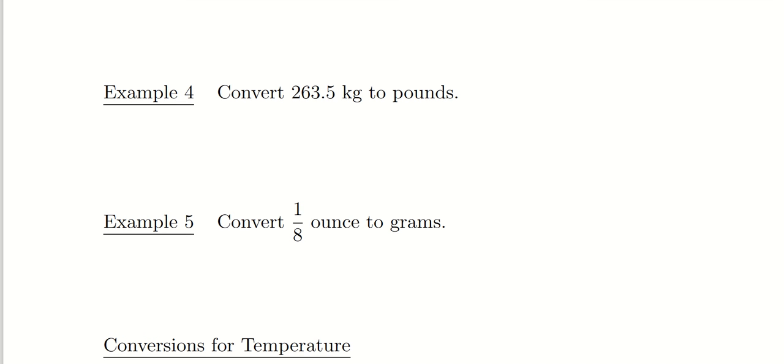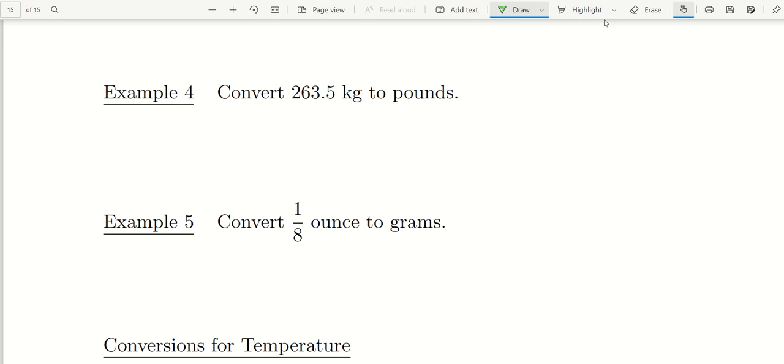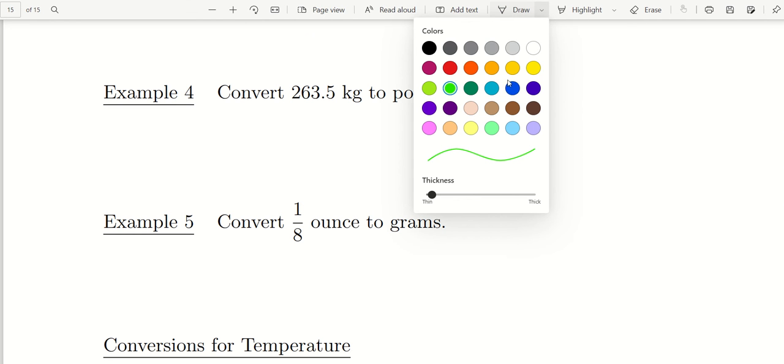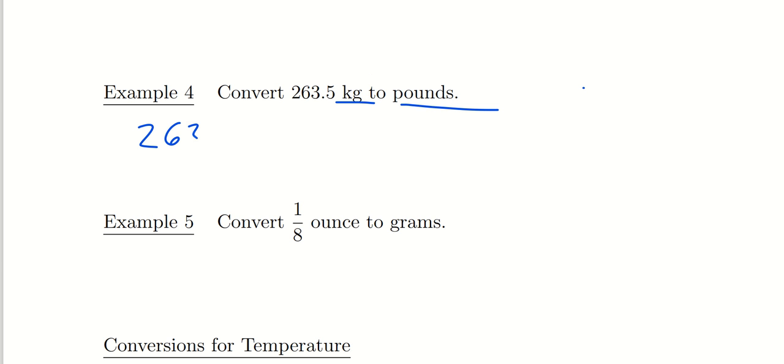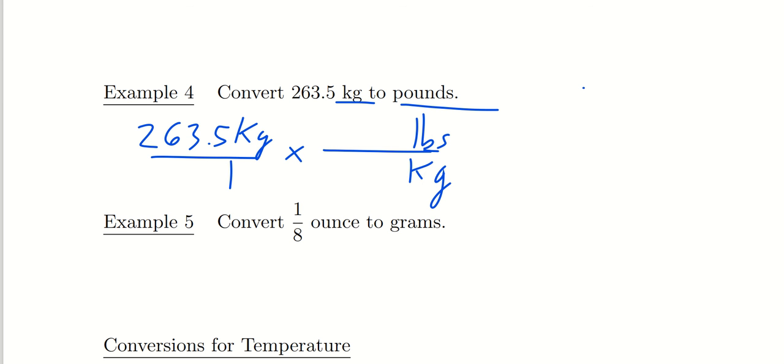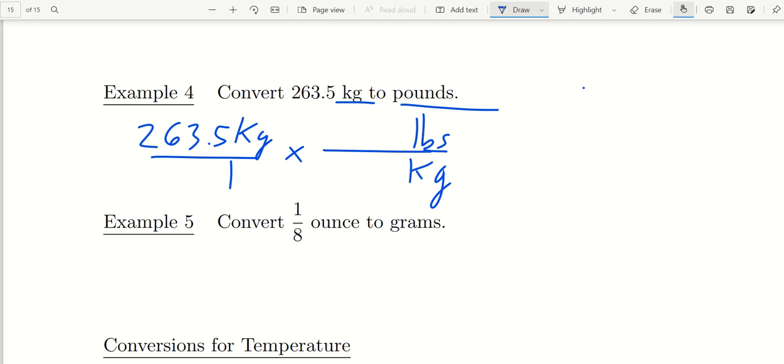Let's do another one. We want to convert, in this example, from kilograms to pounds. This is now a US to English conversion. So we're going to do our factor bridge. 263.5 kilograms over 1 times, if we want to get rid of kilograms, it's going to have to go on the bottom. We want to go to pounds, so that's going to have to go on the top.